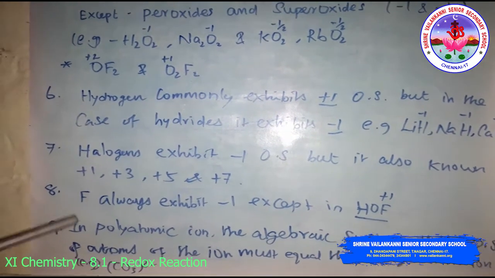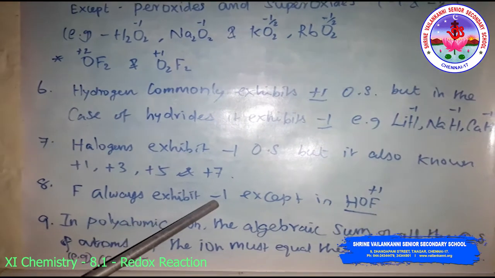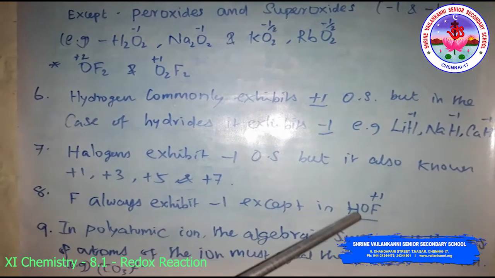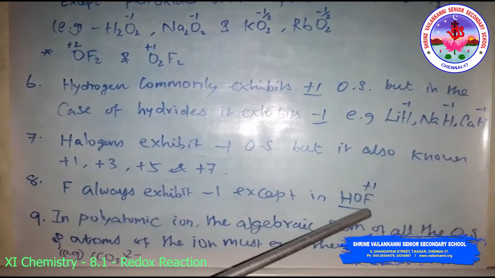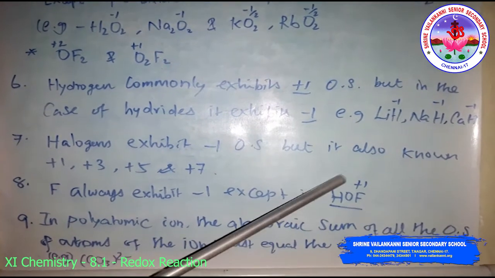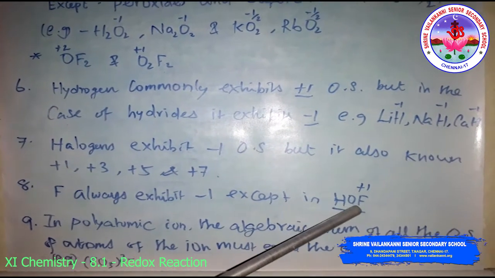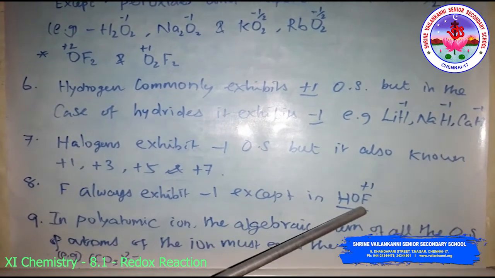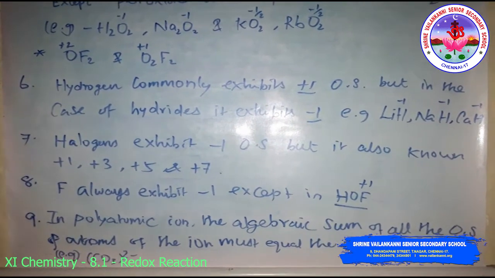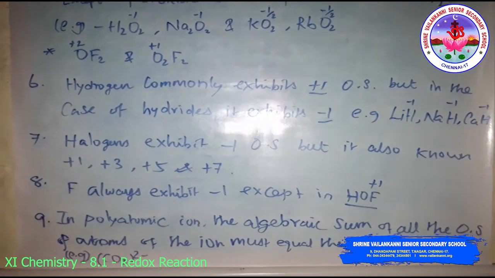And the very important one: fluorine always exists in -1 oxidation state, with the exception of hypofluorous acid, that is HOF. Fluorine is +1 only in hypofluorous acid, HOF. Only in this one compound does fluorine exhibit +1 oxidation state; in any other case, it exists only as -1.